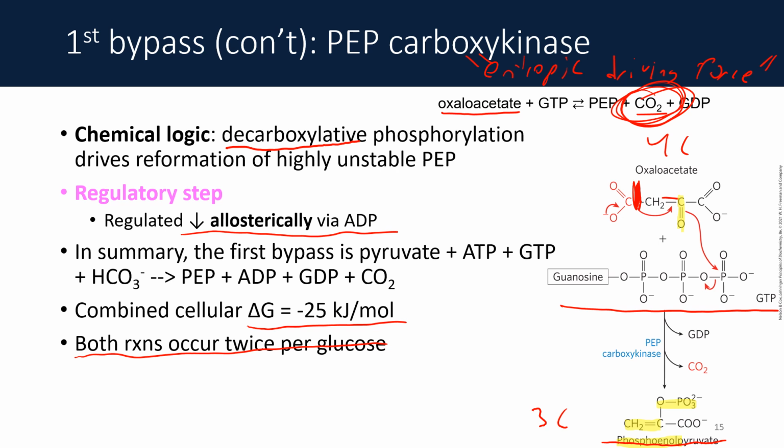Glucose is a 6-carbon compound. Phosphoenol pyruvate is a 3-carbon one. So we have to do this again and eventually merge those two phosphotriose sugars back together. So this entire reaction of pyruvate plus ATP plus GTP plus bicarbonate needs to be multiplied by 2.